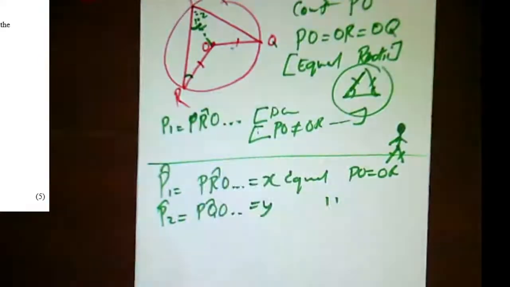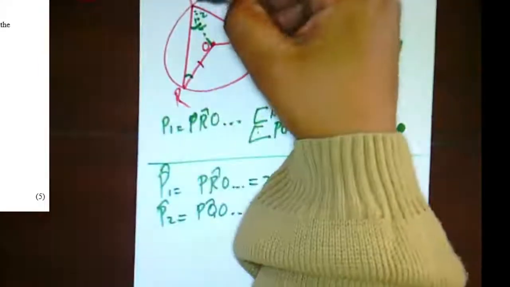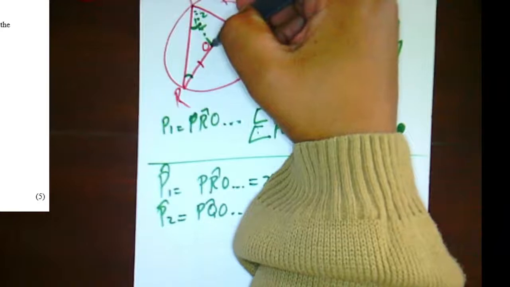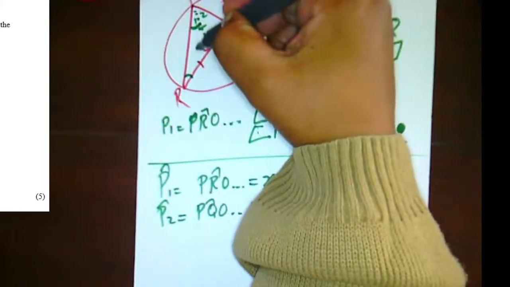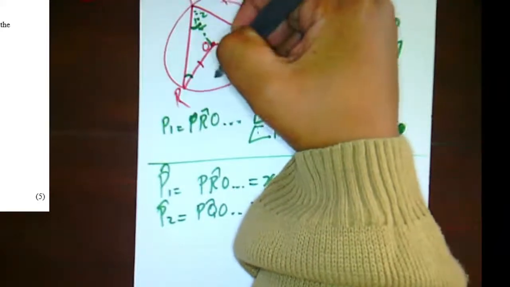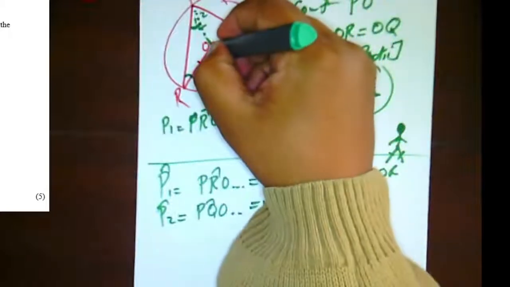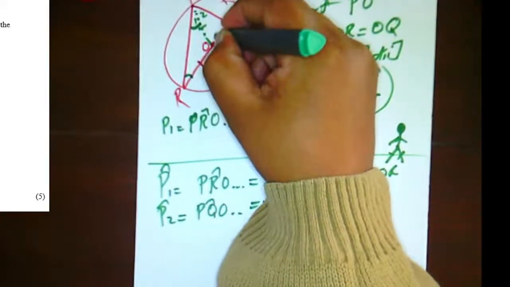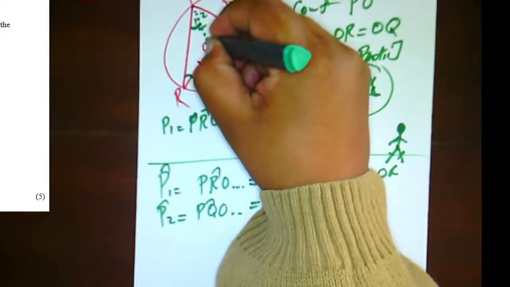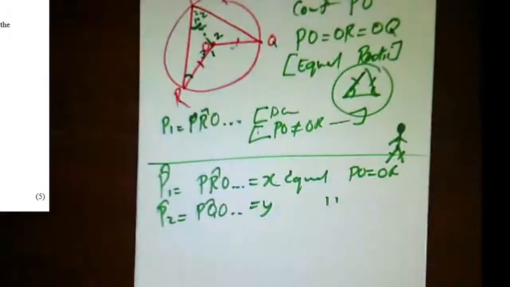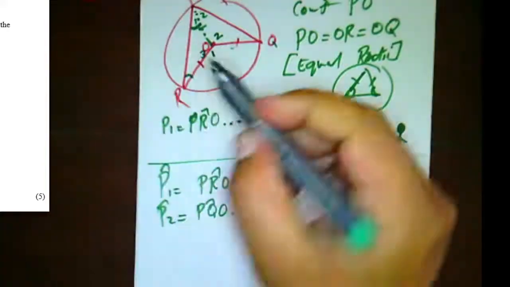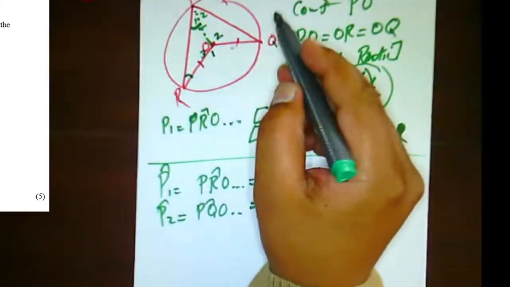Alright. So when I brought in PO, I also changed the dynamics of angle O. So angle O is now divided into 1, 2, 3 angles. Do you agree with me on that? Angle O has been divided into 3 angles.